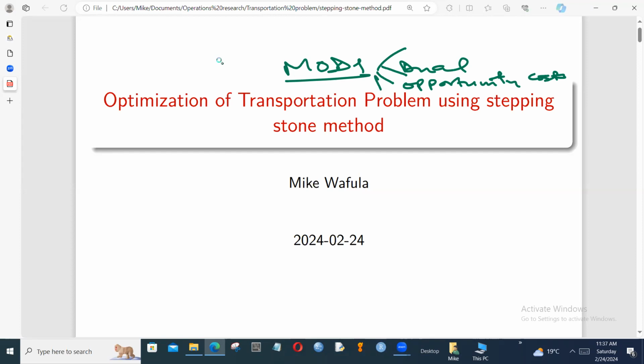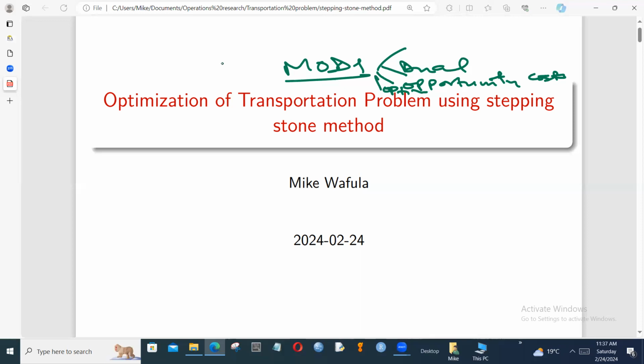Then we did the optimality test using those opportunity costs. And then we carried out iterative procedures involving drawing loops.